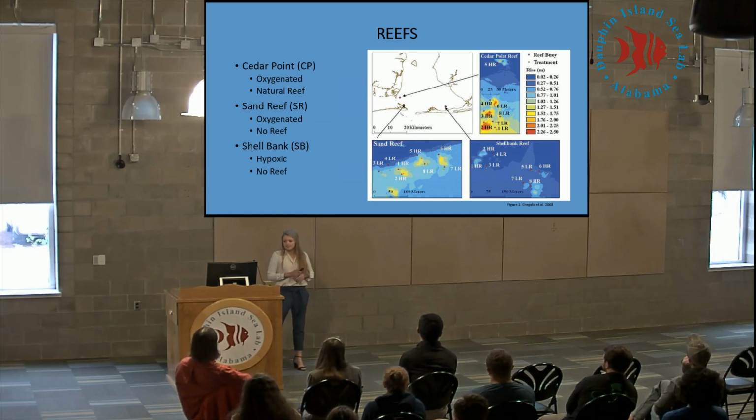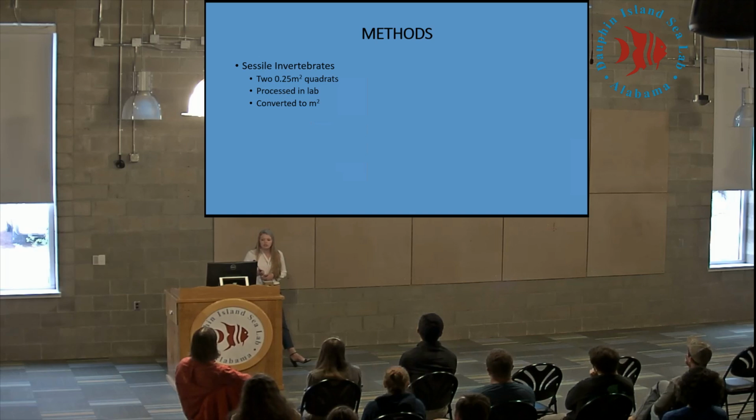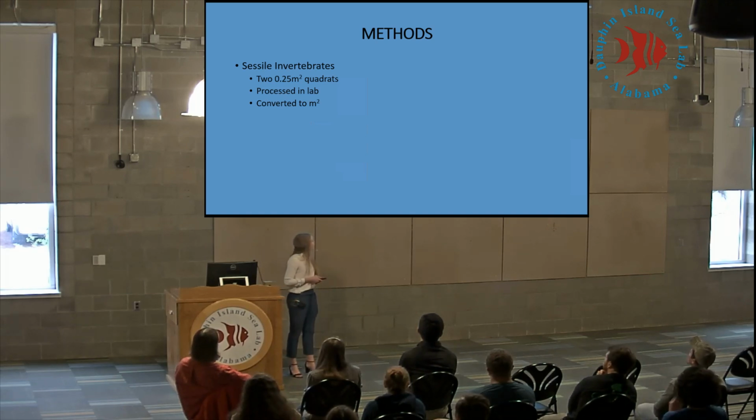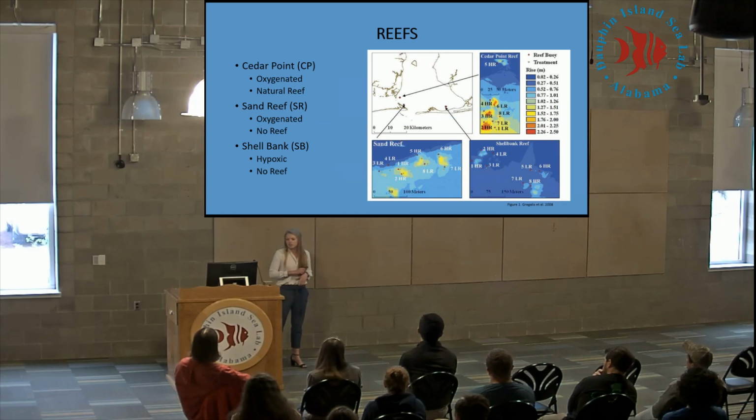Our second reef was Sand Reef, the one right here next to Dolphin Island. That has that oxygenation factor. However, oysters were not historically found here. And our third reef is Shellbank over here on the eastern side, which does experience high hypoxic conditions, and there is no history of oysters present.